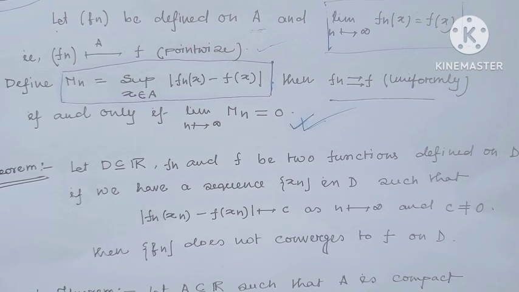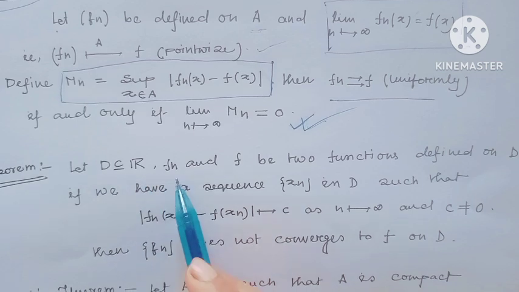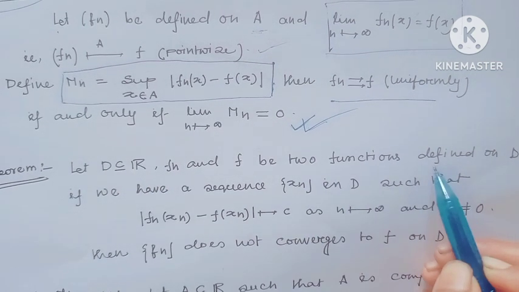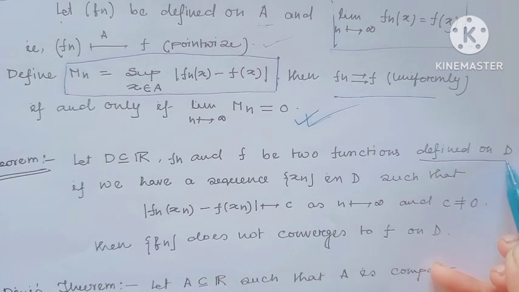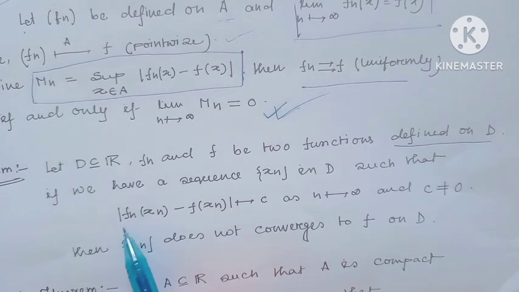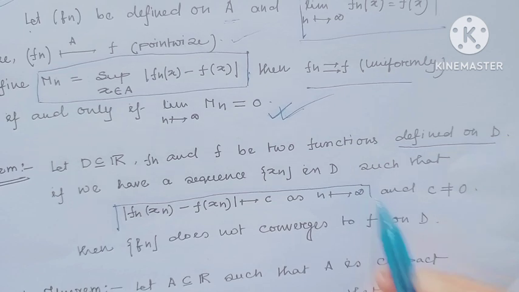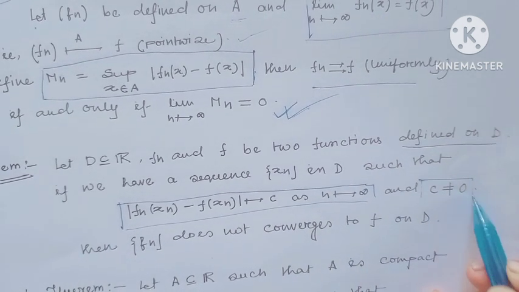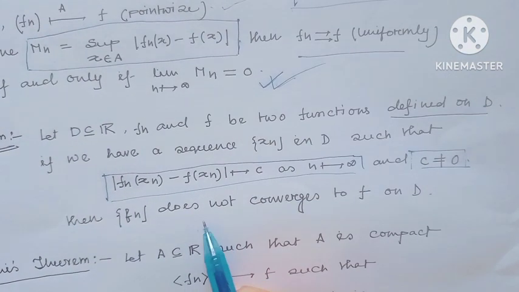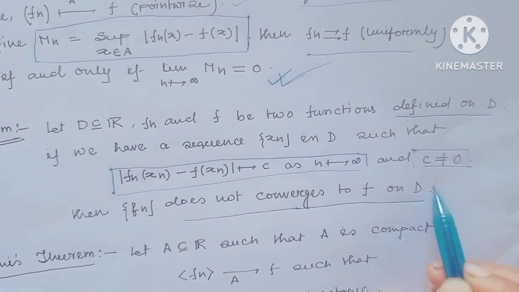The theorem is: let D be a subset of R and Fn and F be two functions defined on the set D. If we have a sequence xn in D such that absolute value of Fn xn minus F of xn tends to C as n tends to infinity, where this C is not equal to 0, then the sequence of function Fn does not converge uniformly to F on the set D.